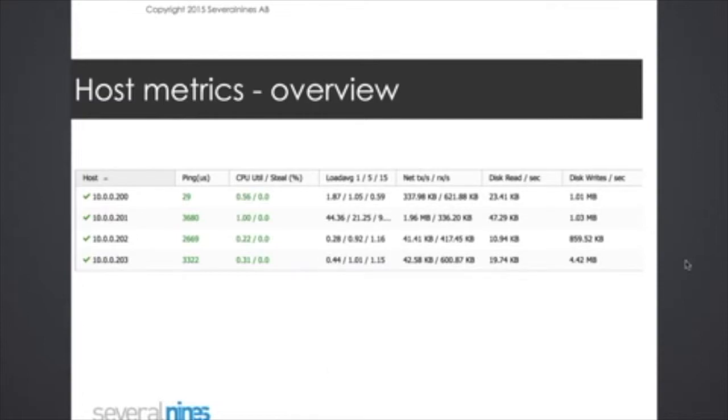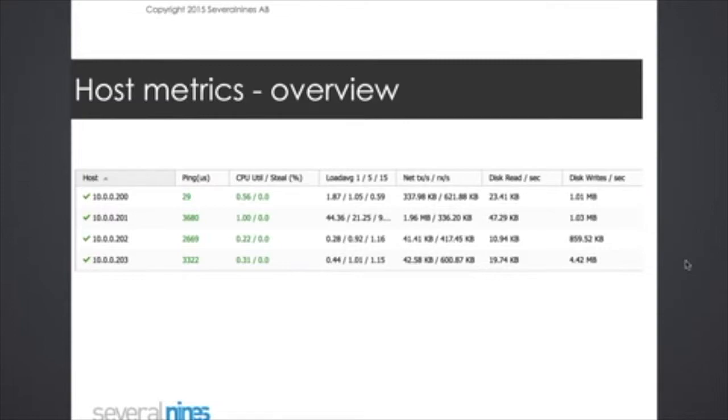We also want to see some data at first glance. Here we have this overview of the host metrics. We have information about the ping, so network latency. We have information about the CPU utilization and the percent of CPU that was stolen.